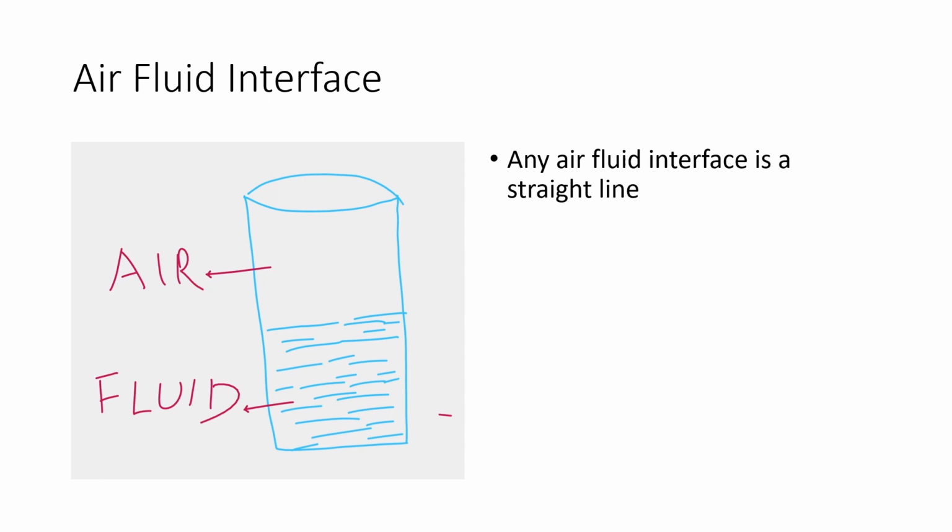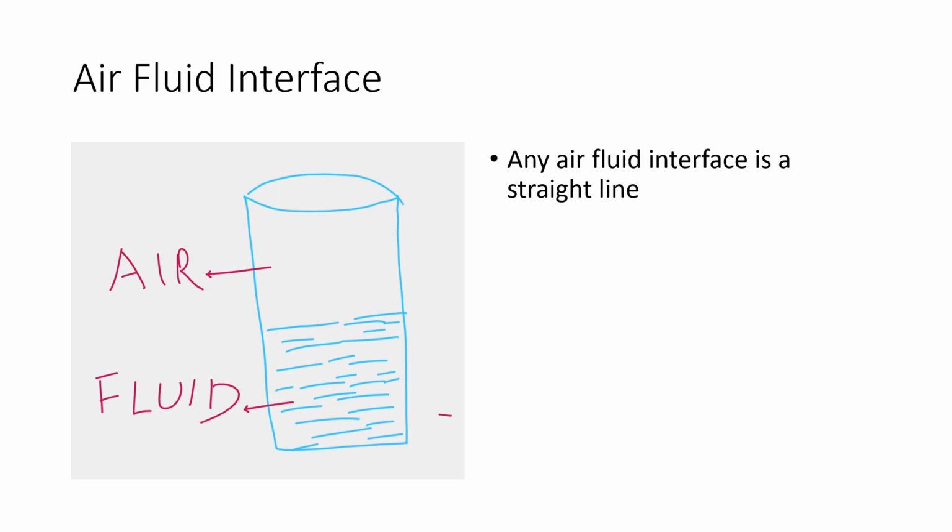Whenever both the air and the fluid is found inside the pleural space, the interface between them is a straight line when viewed in an X-ray. This is a very key point. Because the air has less density, it goes up and the fluid goes down in an erect film, and the interface between them is a perfect straight line.